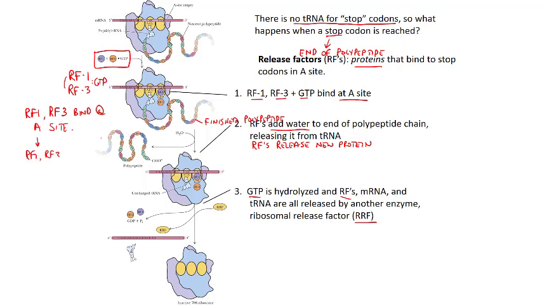RF1 and RF3 add water to the aminoacyl tRNA at the P site, which releases the protein. And then thirdly, RRF breaks up the complex.